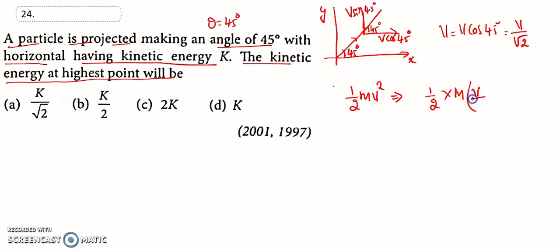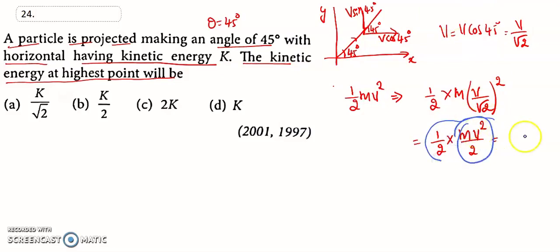So that becomes v divided by square root of 2 whole square. That is 1 by 2 m v square divided by 2. So the square root gets cancelled. So that is half of mv square, which is the kinetic energy, divided by 2. So that is K by 2. That is option B, the right answer for 24.